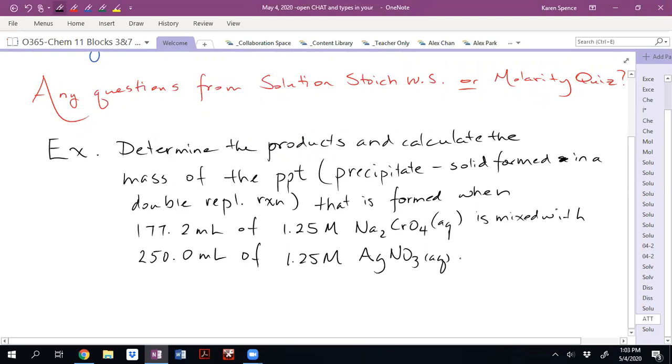Okay, so if we take a look at this question, we have both volume and molarity for sodium chromate. And if we have volume and molarity, we can find moles.